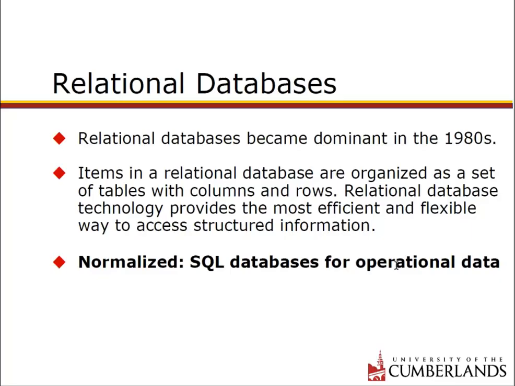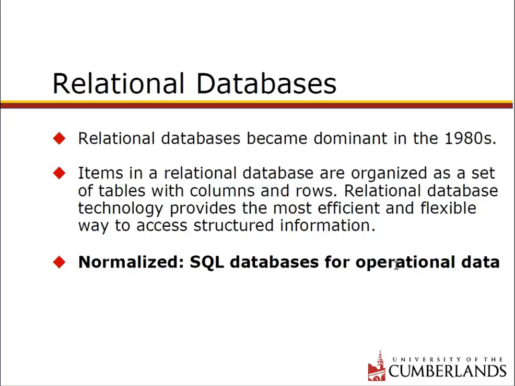In relational databases, items are organized as a set of tables with columns and rows. Now, this might sound simple, but this tabular structure, combined with mathematical principles of relational algebra, provides the most efficient and flexible way to access structured information.